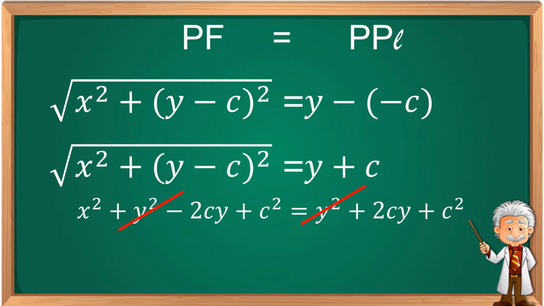So we can cancel y squared and c squared. What remains is x squared is equal to 4cy. Bakit 4cy? Kasi add mo, 2cy at 2cy is equal to 4cy.